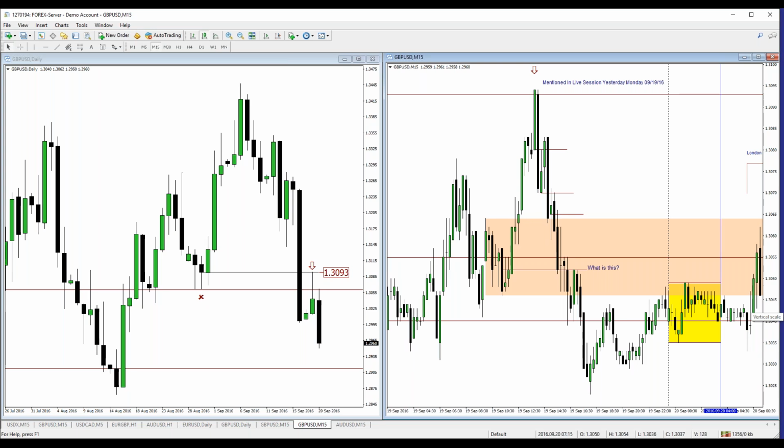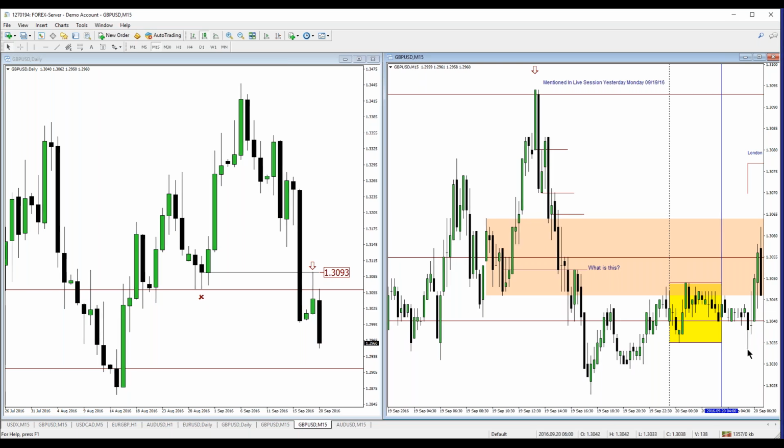Now you want to watch and see when this does this very thing here. You want to see them collapse and go below the Asian range again. Not so much this low here, you don't care about that. You want to see them get below the Asian range low, because what they did is they've trapped traders above the Asian range high. Those traders that don't trade with stops, those traders that are married to the idea that they're going to be right no matter what, they're going to be in this position long.